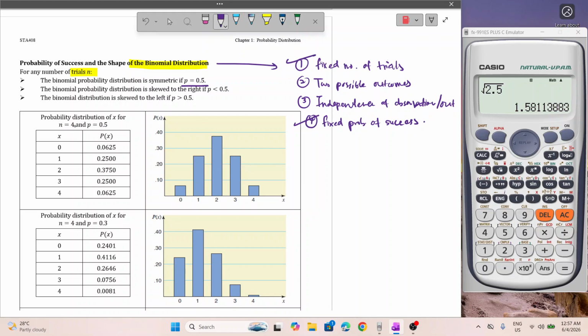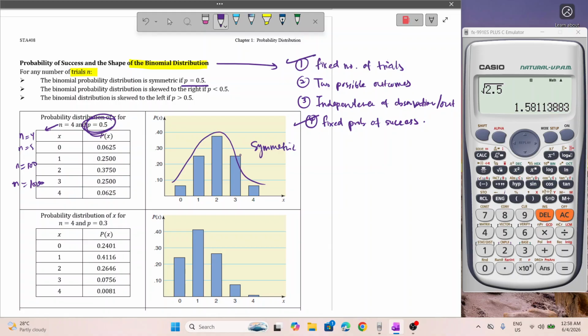When p is 0.5, no matter if n is 4, 5, 100 or 1000, you will get this kind of distribution, which we call a symmetric distribution, regardless of the number of trials.